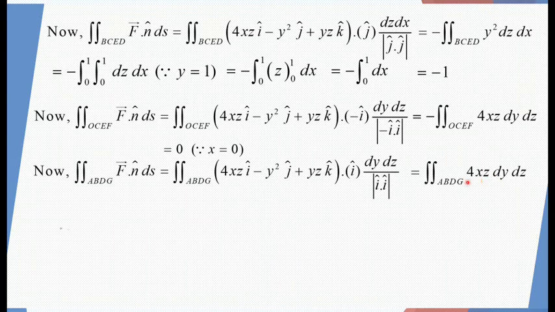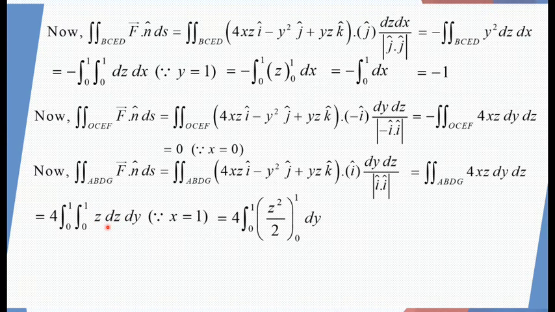Now putting the value of x equal to 1 and putting the limits, taking 4 outside the integral, 4 integral 0 to 1 z dz dy. Now integrate first with respect to z. So it is z square by 2 under the limit 0 to 1, so it is 1 by 2, and the integral of dy is y. So it will be 4 into 1 into 1 by 2, or 2.